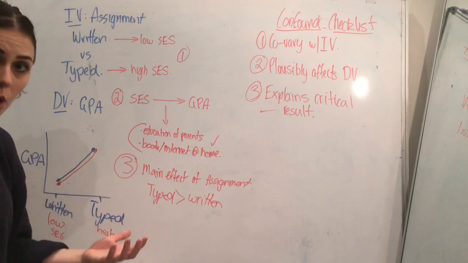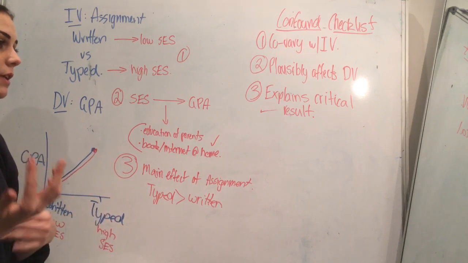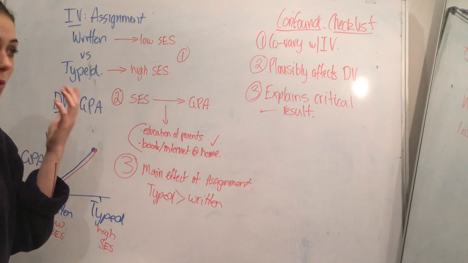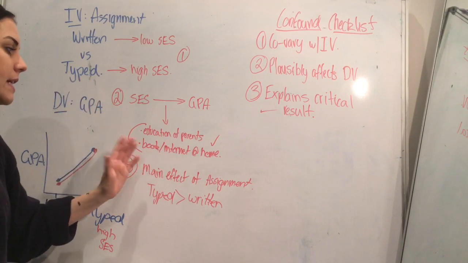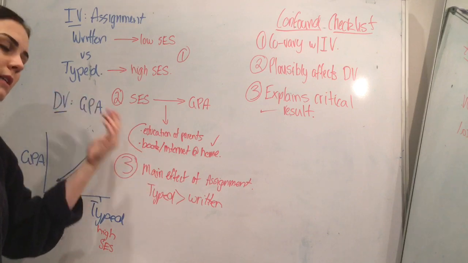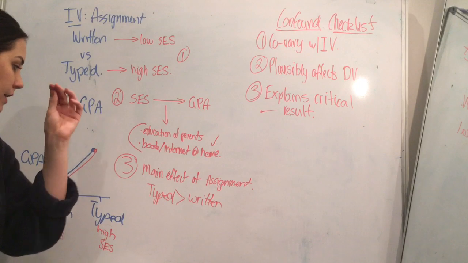They can educate you more at home over the dinner table. Just being exposed to educated people generally will educate you. And also people of higher SES probably have more books or internet access at home, which could also impact their grade point average.